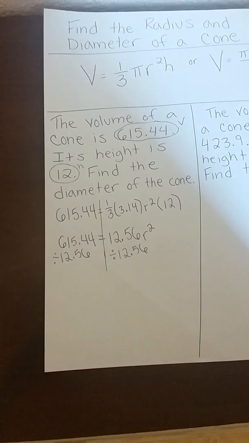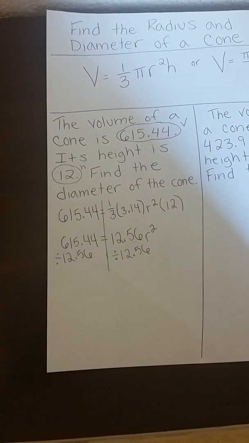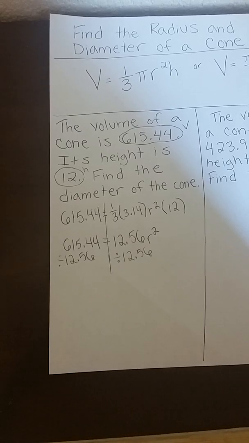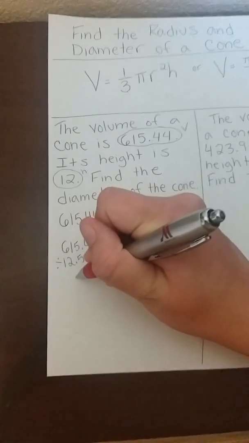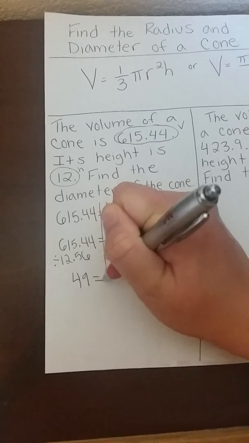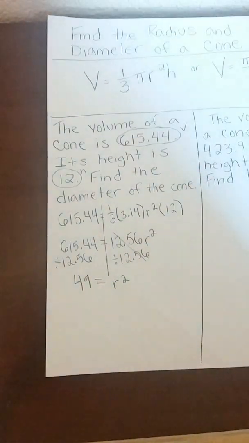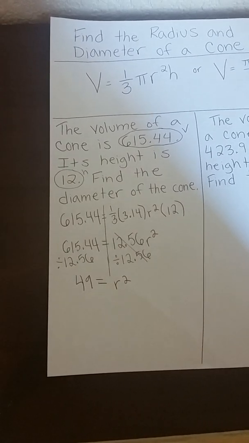So I do 615.44 divided by 12.56. And I get 49. So now I have 49 equals, over here they cross out, and I have r squared. So I have 49 equals r squared.